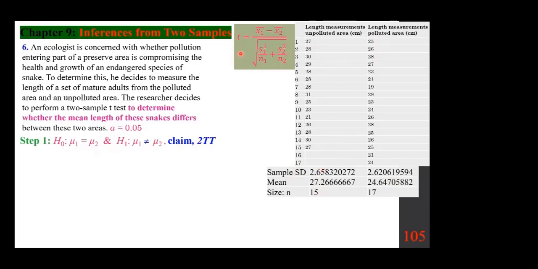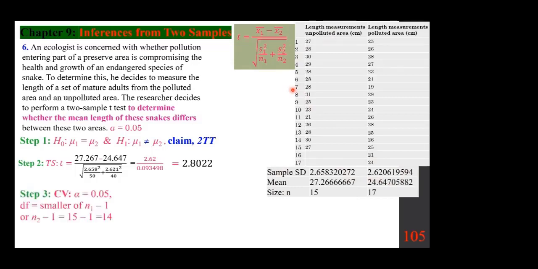So calculate the test statistic, plug in all the information. It results in 2.8022. So everything that we have calculated here, we put it into this formula, t equals x1 bar minus x2 bar over the square root of s1 squared over n1 plus s2 squared over n sub 2.